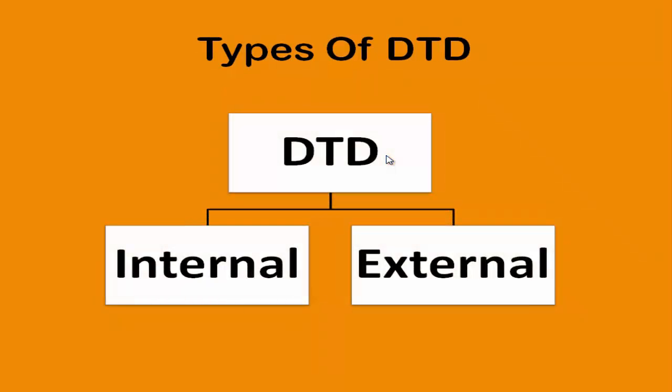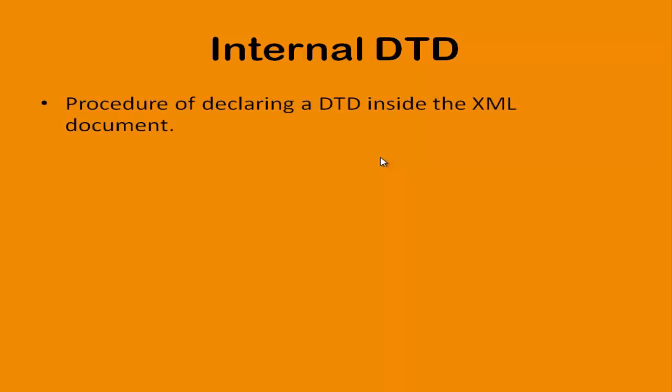Next, the types of DTD. DTD can be classified in two different ways, internal and external. Internal DTD. What is an internal DTD? When you declare your DTD structure within the XML document, it is known as an internal DTD.